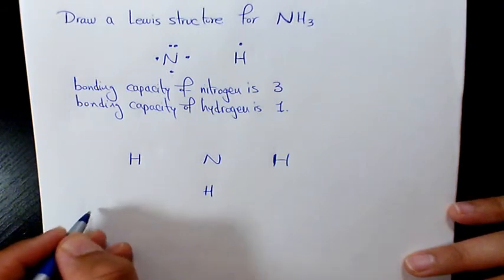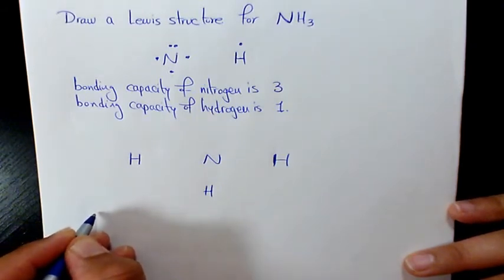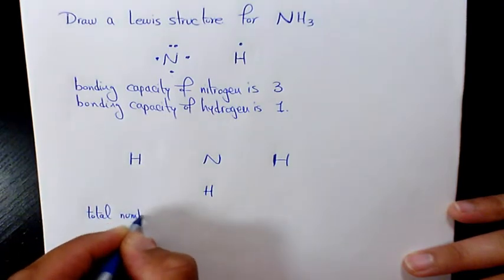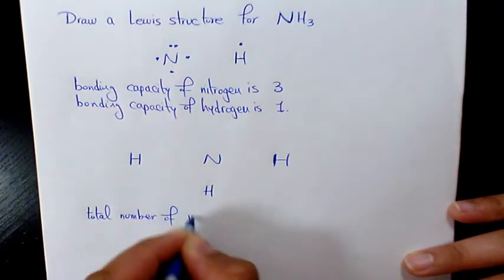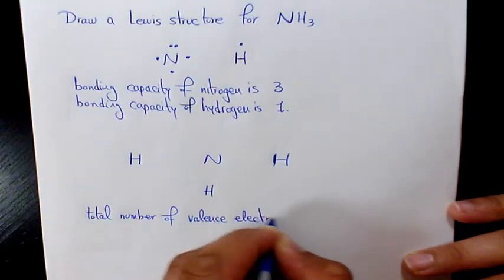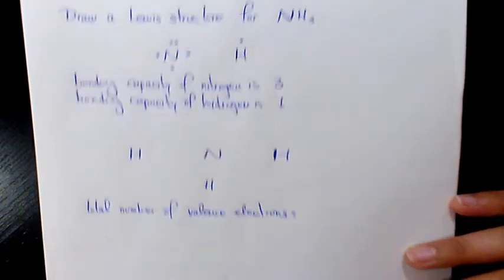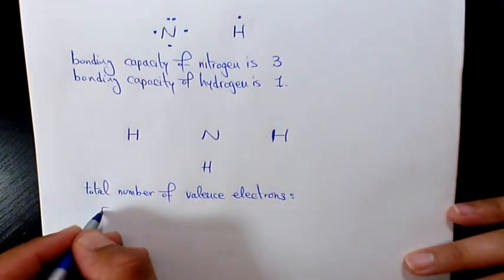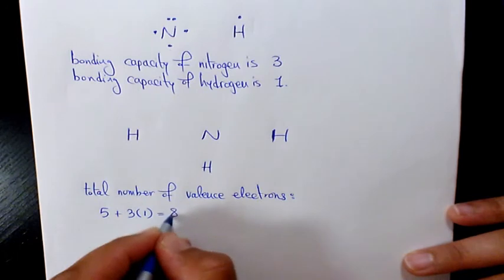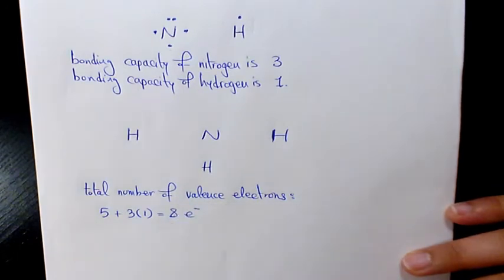So total number of valence electrons is going to be 5 for nitrogen, 3 times 1 for hydrogen, which is 8 electrons.